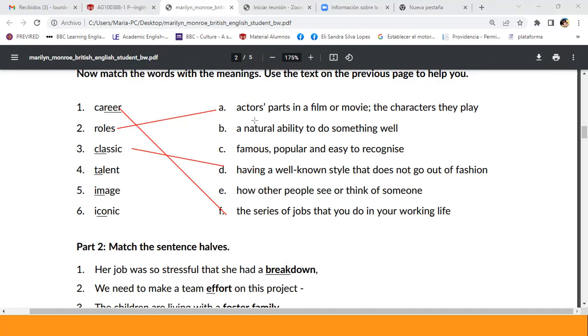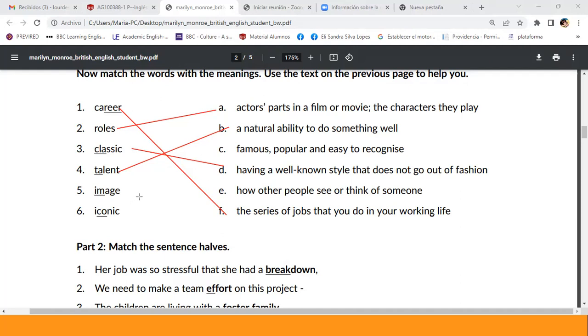4, Loreto. Talent, a natural ability to do something well. Good. 5, image, Alexis. Okay, image. Famous, popular, and easy to recognize. I'm afraid, no, that's not correct. No?